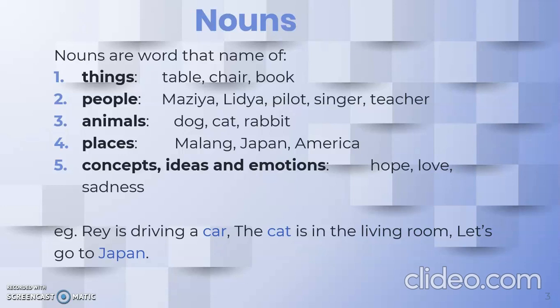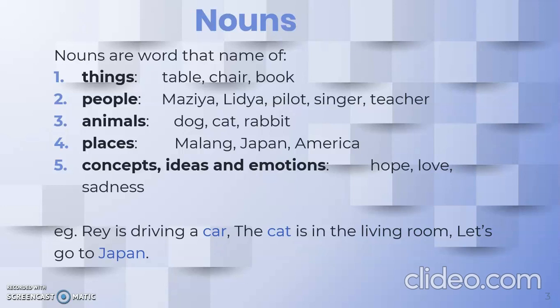The next example is: Ray is driving a car. From the sentence, we know that there are 2 nouns, that is, Ray and car. The next sentence is: The cat is in the living room.